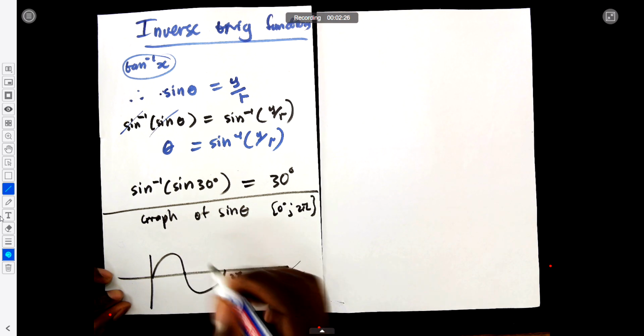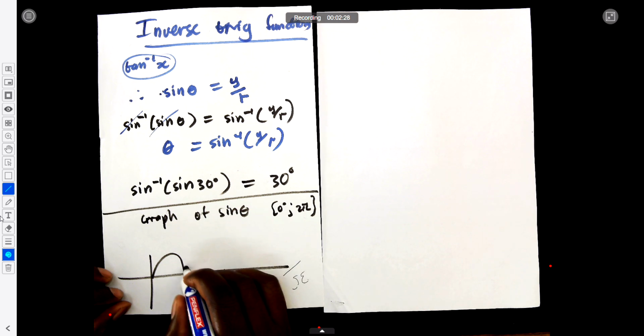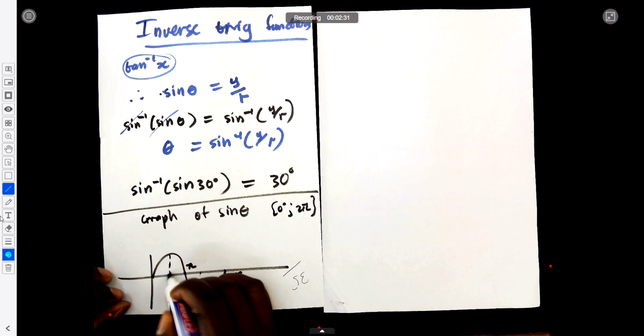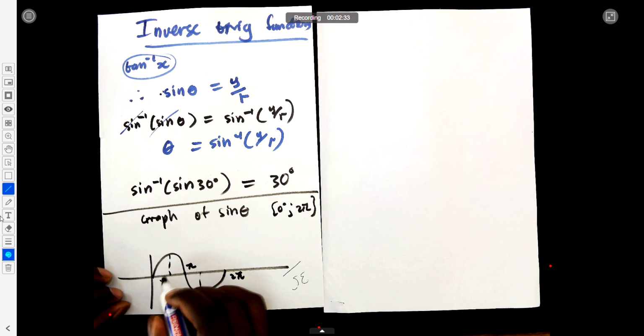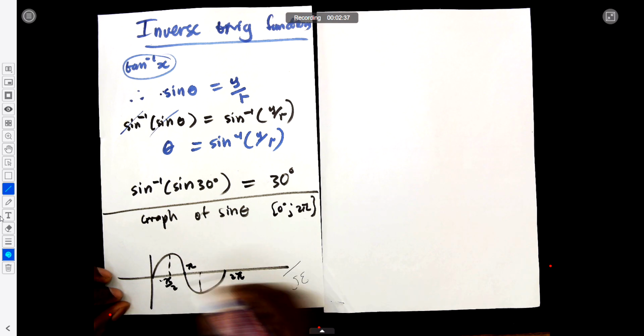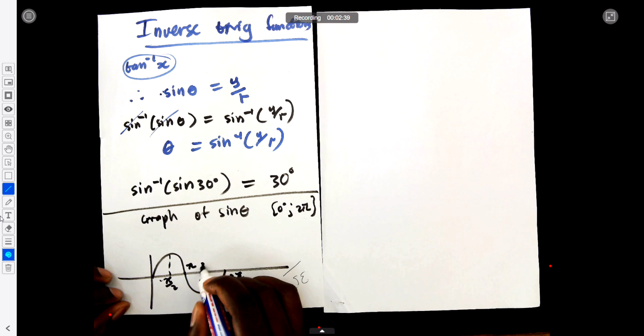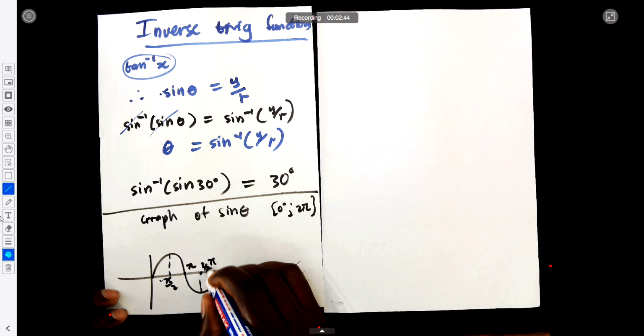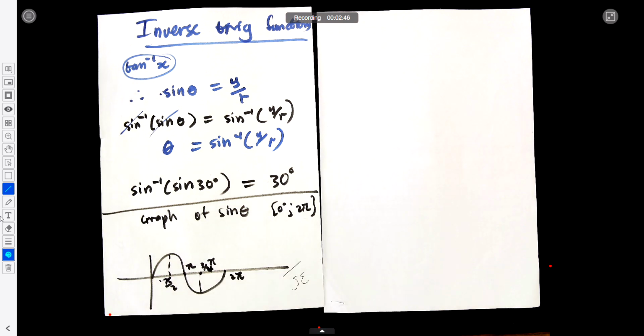Here it's pi, here it is pi over 2, and here I think it's 3 over 4 pi. This is the graph of sine theta.